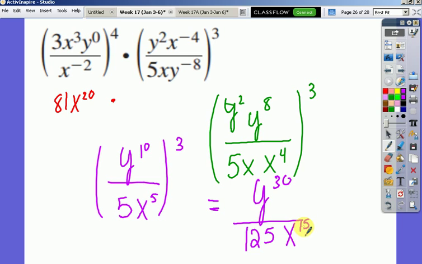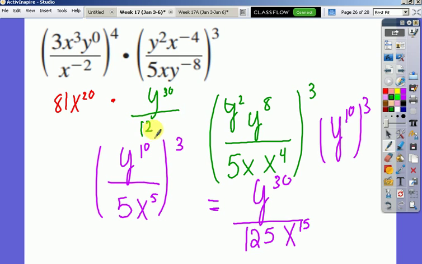If you have a power raised to a power, you have the 10 raised to a 3, and it's 10 times 3, which is 30. Because what we had was this. We end up with that. Now I'm going to rewrite that here, and then we're going to look at it all together. Do you have any other questions? Okay. Here we go. Y to the 30th over 125 x to the 15th.